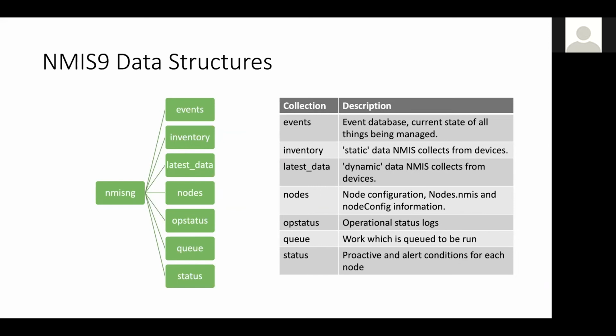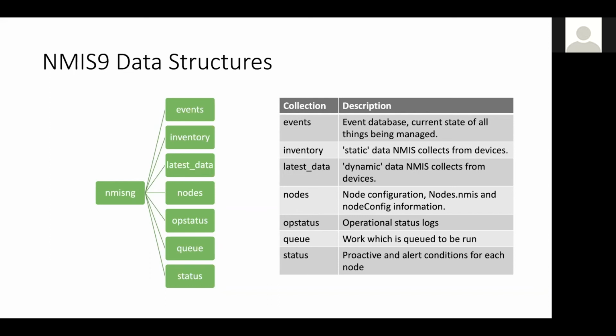There's a quick description. They're pretty much self-explanatory. The one that's probably important to describe, or the differentiator, is that the inventory data is static, but it's collected from the device, right? That's the really important thing. When I run an update on a node, that creates inventory records.